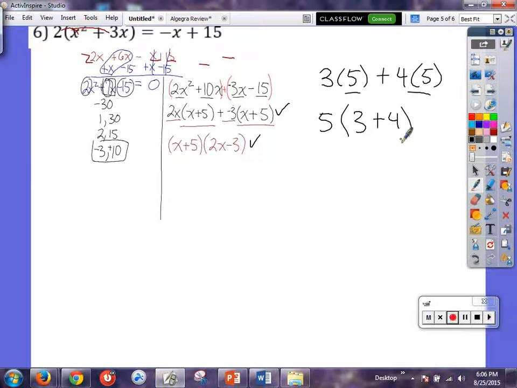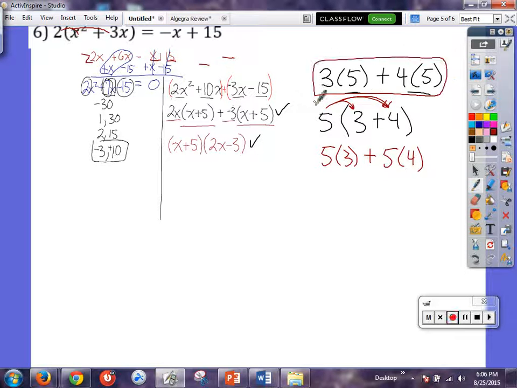Okay, so let's redistribute to make sure if it's unclear that I did it right. We're going to get 5 times 3 plus 5 times 4. And that's what we have here. Okay.